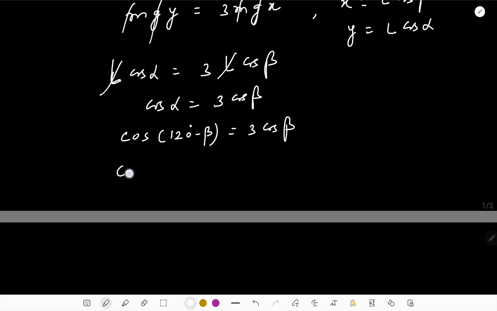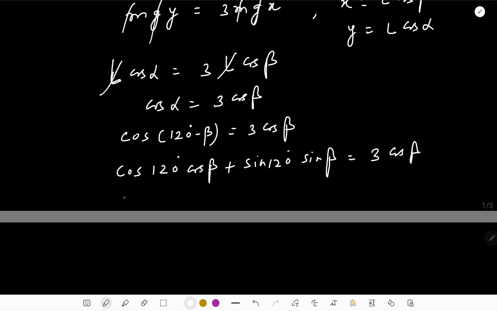So first, I'm going to expand this relation. This will be cos 120 degrees cos beta plus sine 120 degrees sine beta, and that is equal to 3 cos beta.